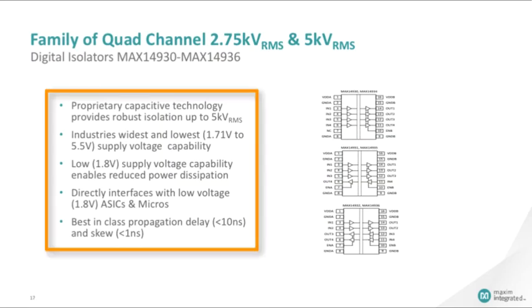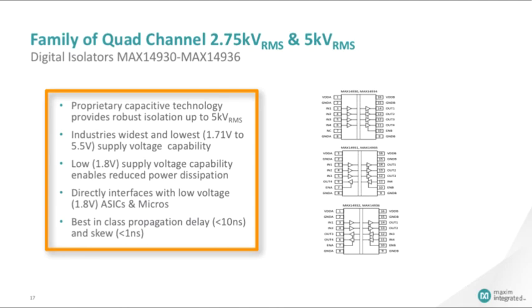Here are examples of Maxim digital isolators. The MAX1493X and MAX1293X family of parts are based on Maxim's proprietary capacitive isolation technology and are intended to provide system designers with the highest degree of flexibility when incorporating digital isolators into their designs.